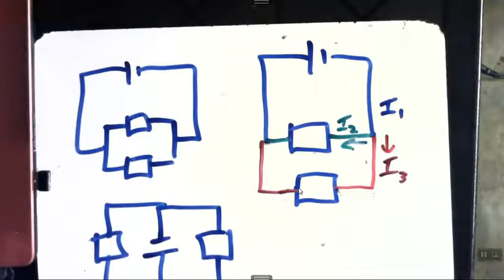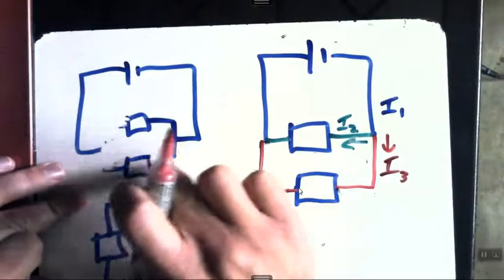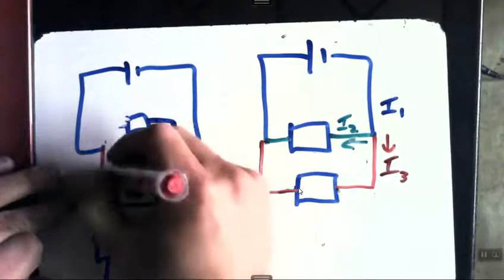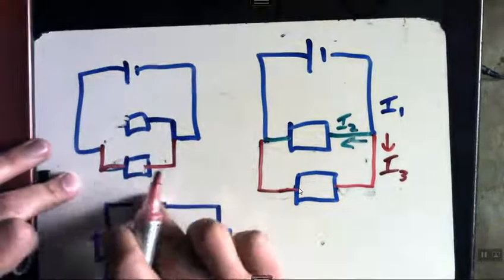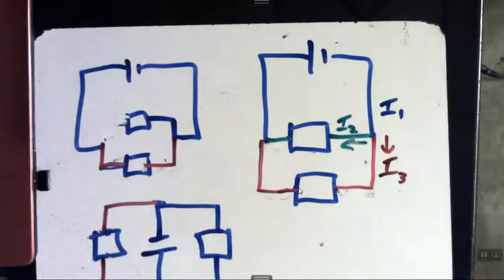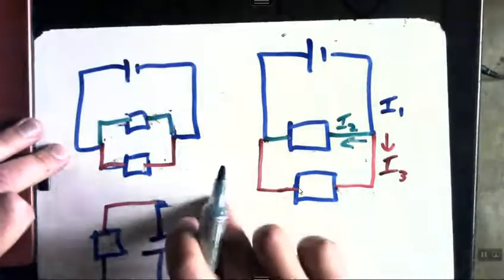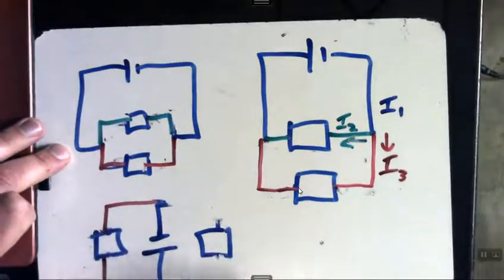Now we can do the same thing for the other two as well. I can draw the red one here, or I can draw the red one here, and I can draw the green one there, and the green one here.